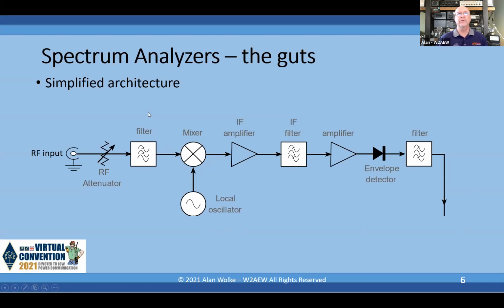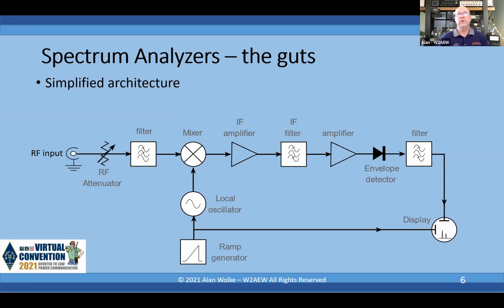So how is this different from a spectrum analyzer? Well, a spectrum analyzer adds a little ramp generator down here that drives and controls, or sweeps, the local oscillator. That same ramp generator also drives the sweep across the display. As we ramp up the voltage on the ramp generator, the frequency of the local oscillator is ramped up.